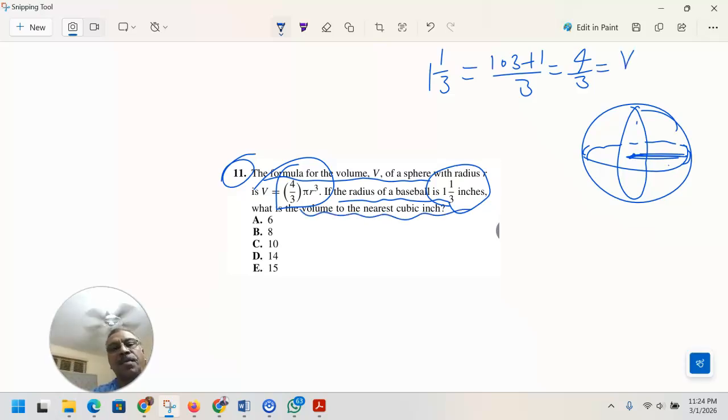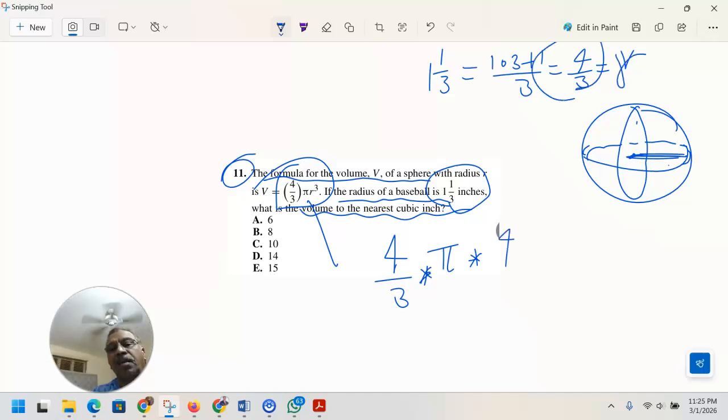So all you do is, the formula is right here, 4 over 3, but you're multiplying pi, and this is the radius. So it's like 4/3, 4/3, 4/3.